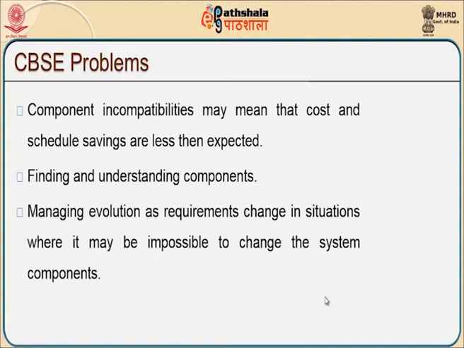Managing evolution as requirements change is hard in situations where it may be impossible to change the system components. There are situations where it is impossible to change many of the components. At that juncture, some people might force us to change those components or the reuse of the components. That is quite not very much possible.